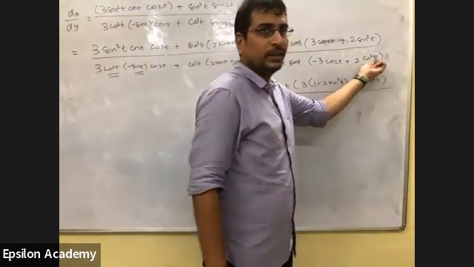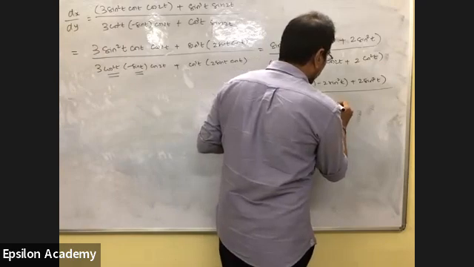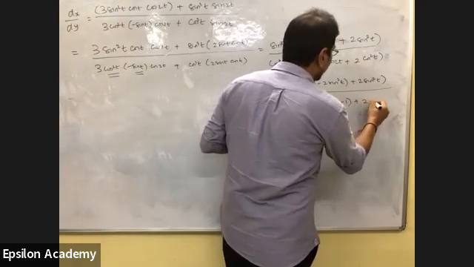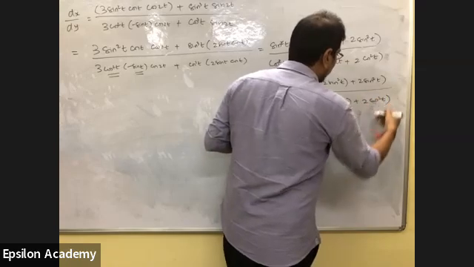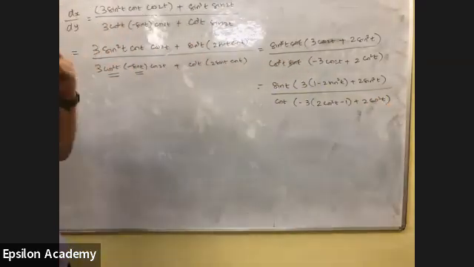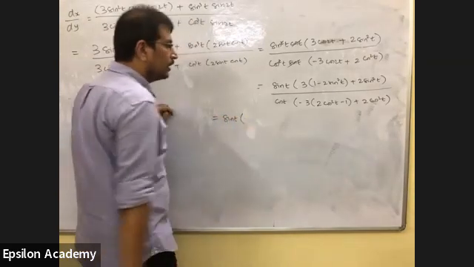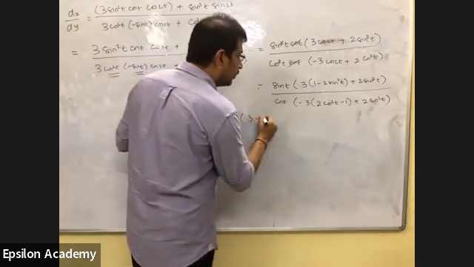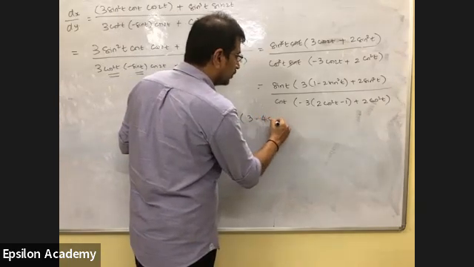I have cos square t here. I'll write it as cos square t minus 1 plus 2 cos square t. Okay, this will be sin t into 3 minus 4 sin square t.